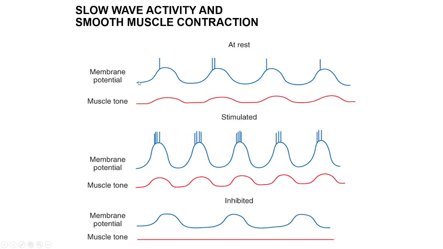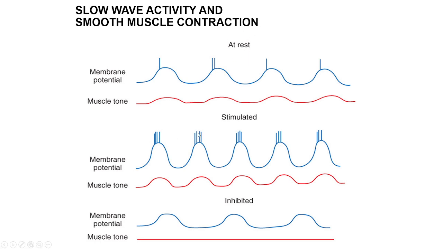So this shows the membrane potential at rest. It's not really action potentials, but fluctuations in membrane potentials which are not reaching the threshold and not causing excitation. On top of this basic potential and fluctuations under the influence of pacemakers, there are of course nervous and hormonal influences on the muscles.